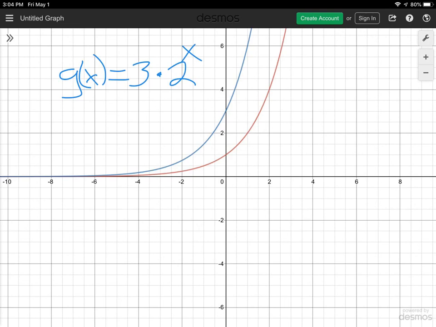Okay? A few things to notice here. We see each of our points vertically stretched up. So for example, our y-intercept of 1 is now a y-intercept of 3. The reason for that being, if we sub in x as 0, we will get 3 times 2 to the exponent 0, which is 3 times 1, or 3. Okay, and that happens everywhere. We see at negative 2, we were originally dealing with 1 over 2 to the power of 2, giving us this point here of negative 2 and 0.25.